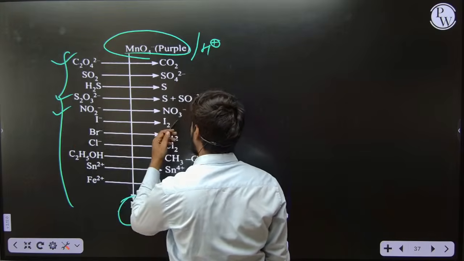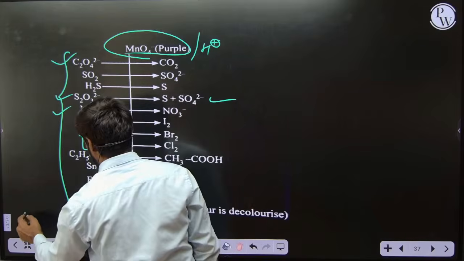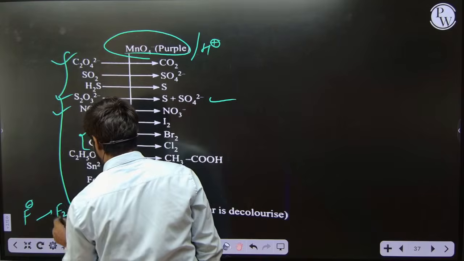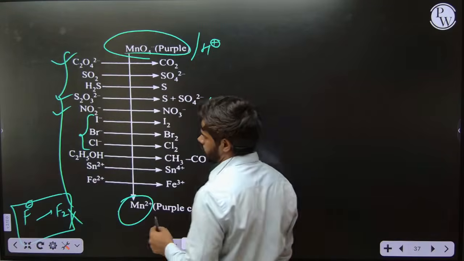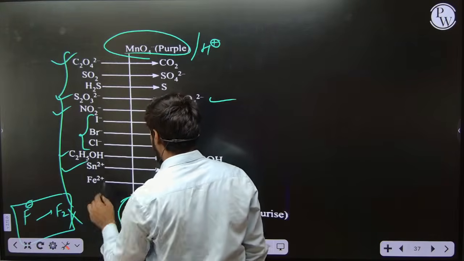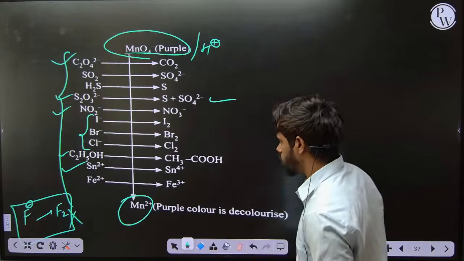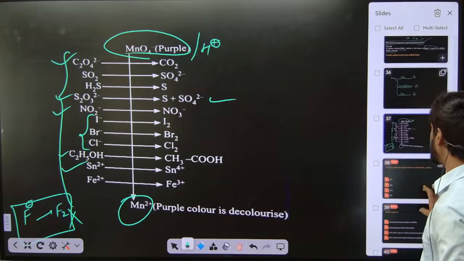Nitrite will be converted to nitrate. But fluoride will not be converted into fluorine. The reason is that fluorine is a stronger oxidizing agent than KMnO4. Alcohol will be converted into acid, Fe2 plus to Fe3 plus, Sn2 plus to Sn4 plus. So these are the conversions in case of KMnO4.